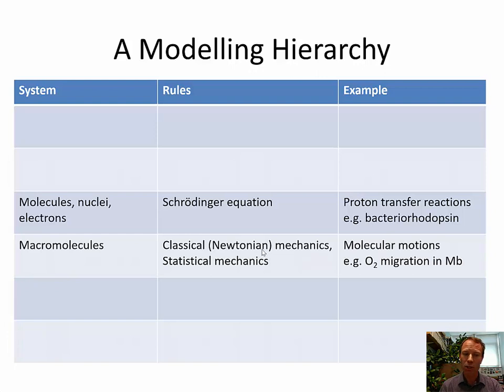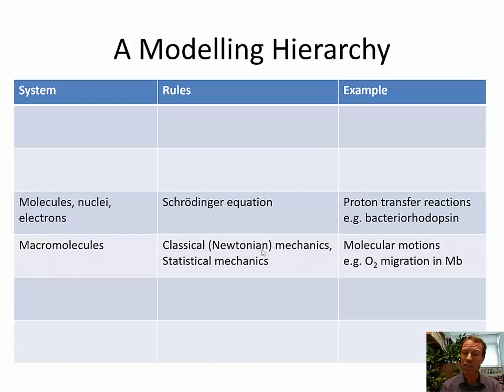However, if you now go to larger molecules, and you're starting to think about macromolecules, quantum mechanics is a bit too challenging because it would be too time consuming. So there are other approaches we could use instead. Typically we'd use classical mechanics, so Newton's equations of motion, and you can also use statistical mechanics to investigate these macromolecules.